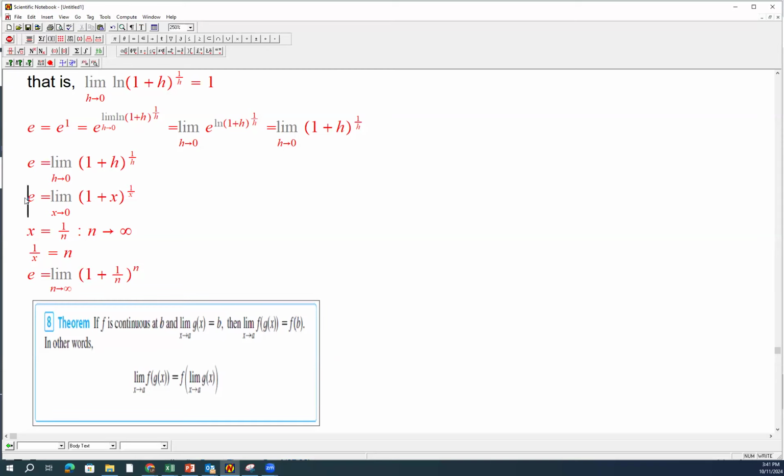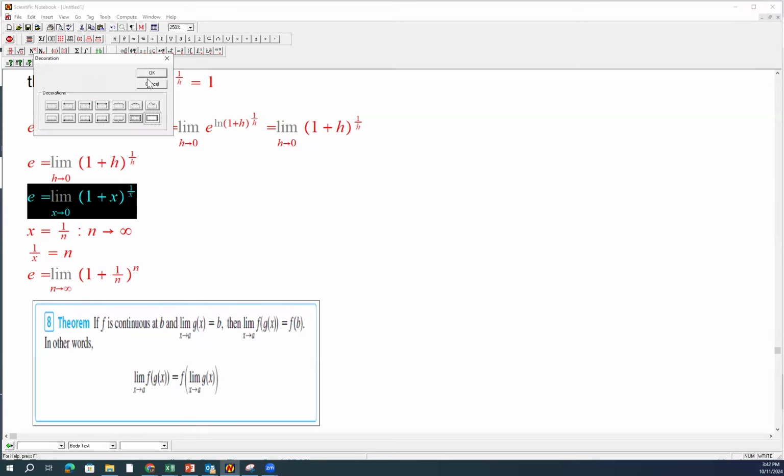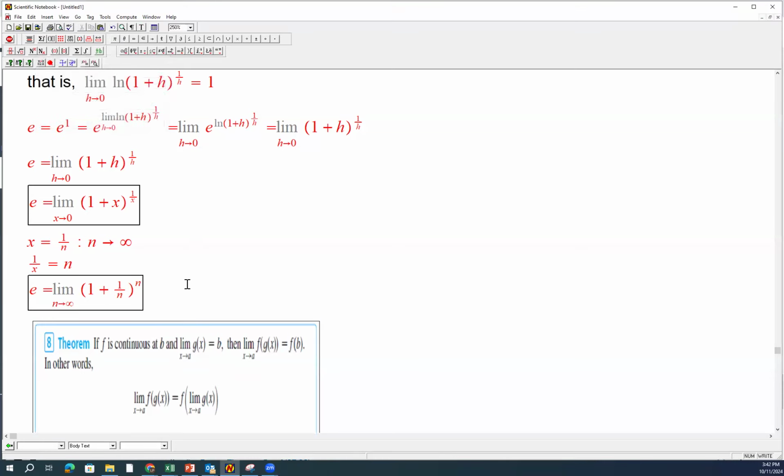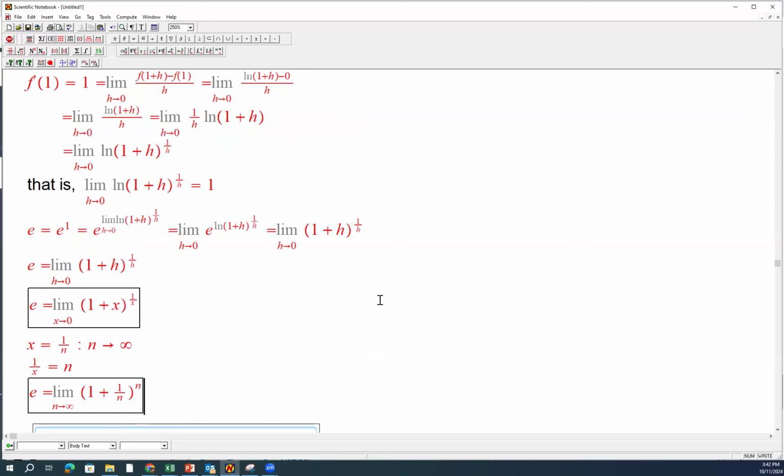So these are the different versions. These two versions are used the most often. We will talk about the applications. So this is how we derived e as a limit.